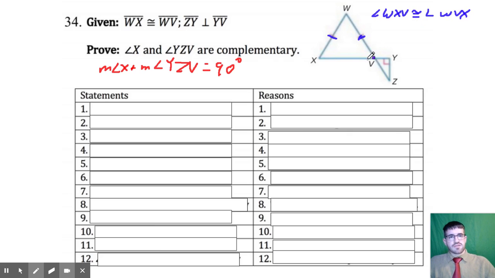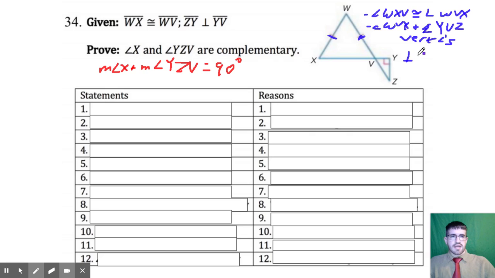We also see that angle WVX here has a vertical angle with YVZ. So angle WVX and angle, this is very hard to draw with a mouse, YVZ are vertical angles. We also see we're going to have perpendicular lines.